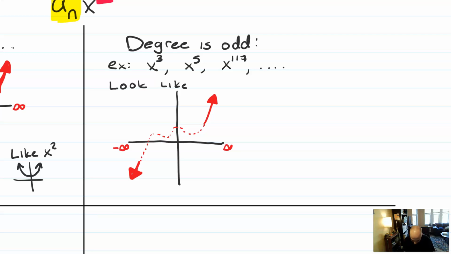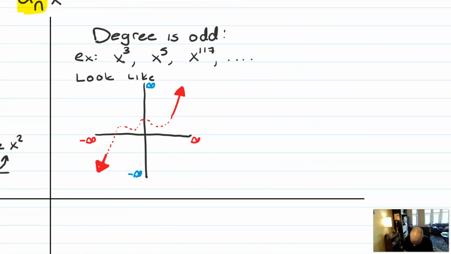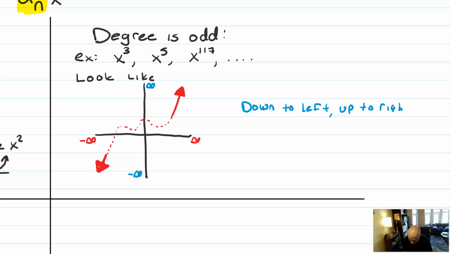So at infinity on the x, we approach infinity on the y. But at negative infinity on the x, we're approaching negative infinity on the y. So we would say in words that this graph goes down to the left, up to the right.